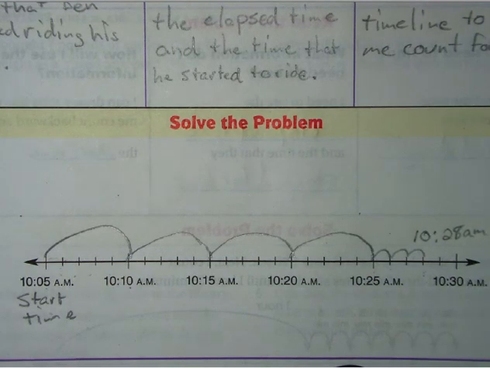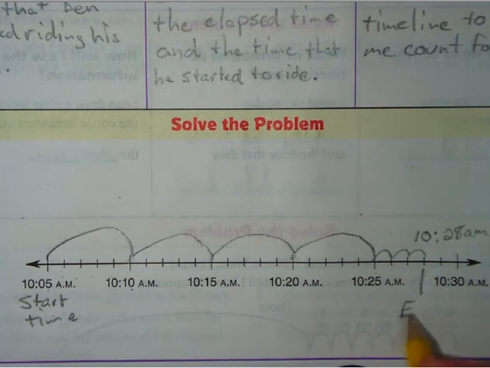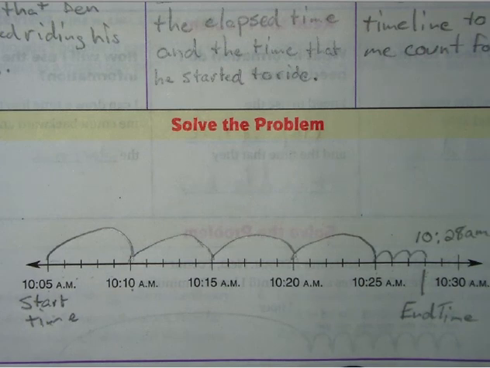Okay. So I could even label this again: start time, end time, elapsed time in between. All right.